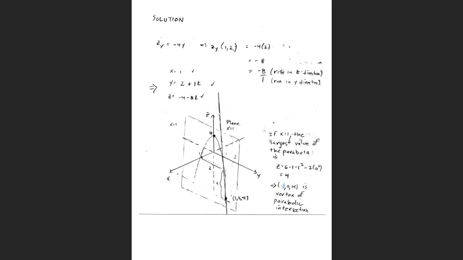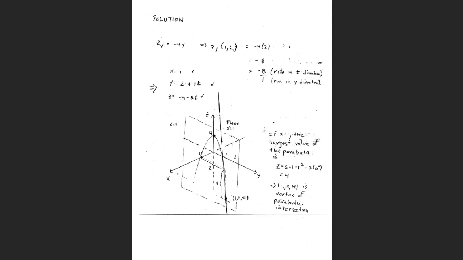So what I've just drawn, and it's not a perfect picture, but the plane x equals 1 is there, and the parabola is on the plane, and the point (1, 0, 4) is down here. So if you go across 2 and down 8, that gets you to (1, 2, -4).